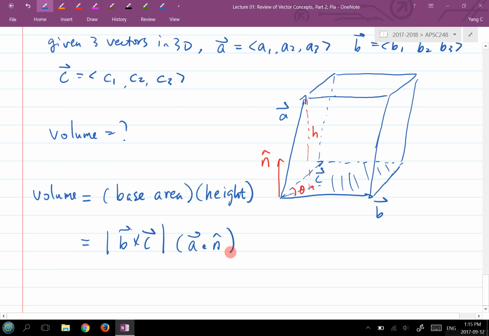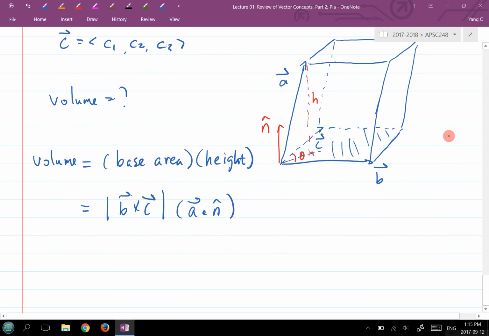So very good. Now my volume involves A, B, C, and then there's another one, which is strange and different. That's n hat. But we do know what n hat is, right? n hat is a unit vector perpendicular to the plane formed by B and C. So next step, we just have to find an expression for n hat.